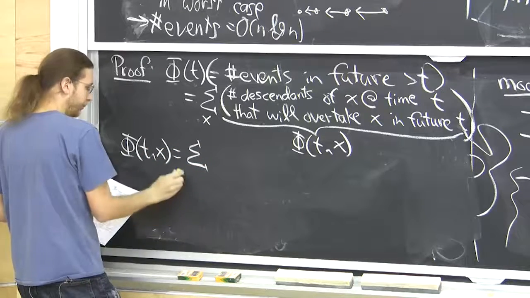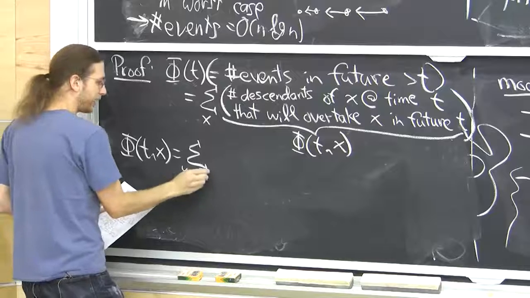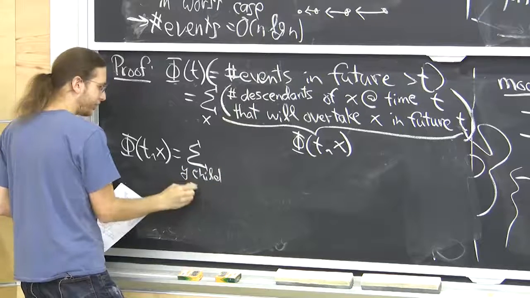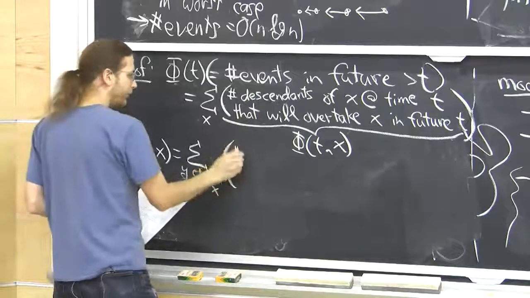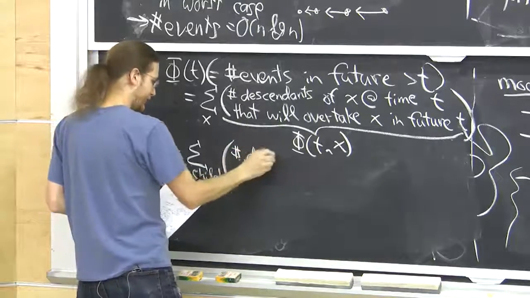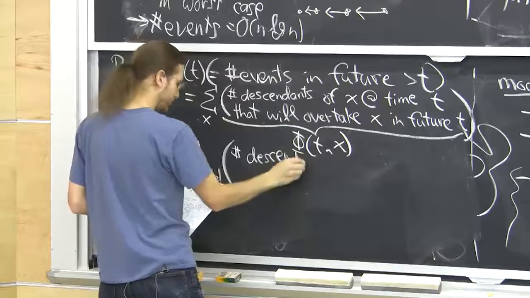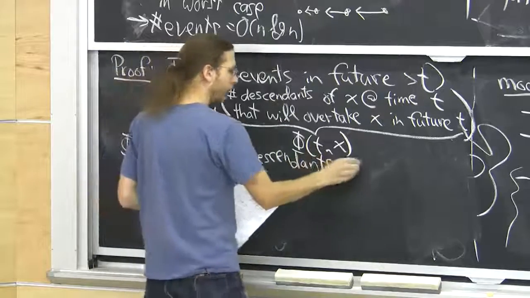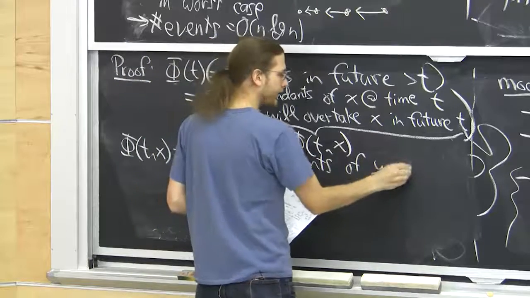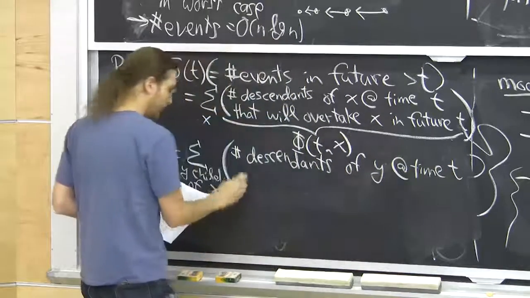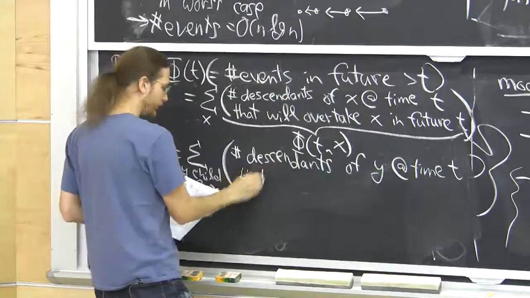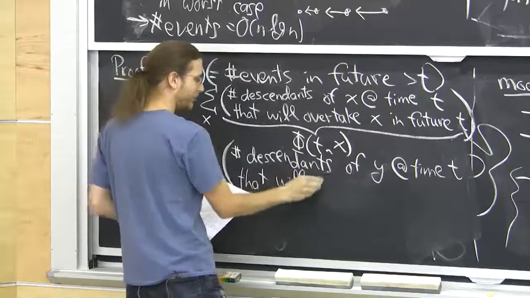I can also expand phi of t comma x in a simple way. It's kind of trivial, but if I look at each child of x, there are two of them, call that y, and then measure how many descendants of y at time t will overtake x.